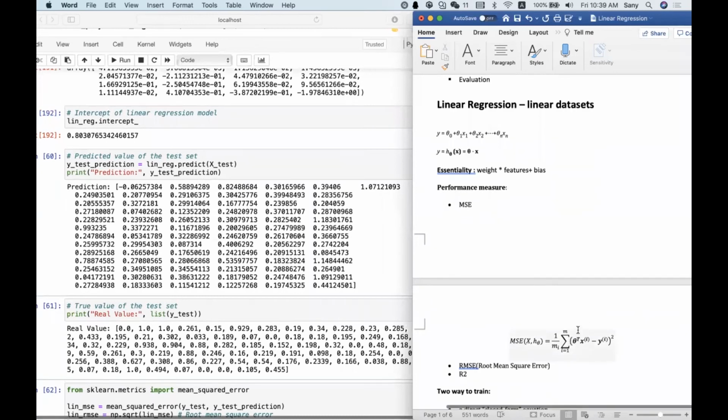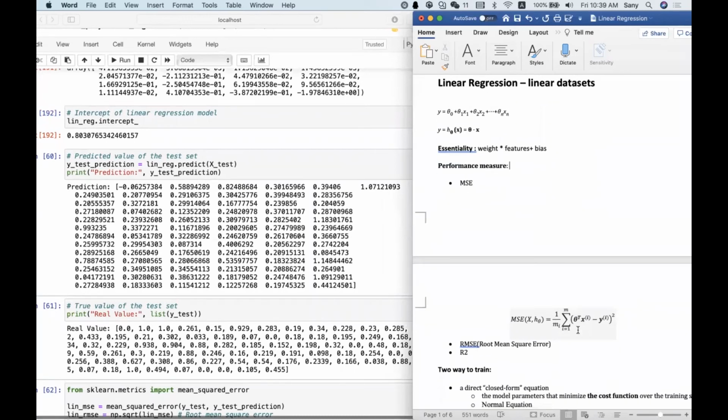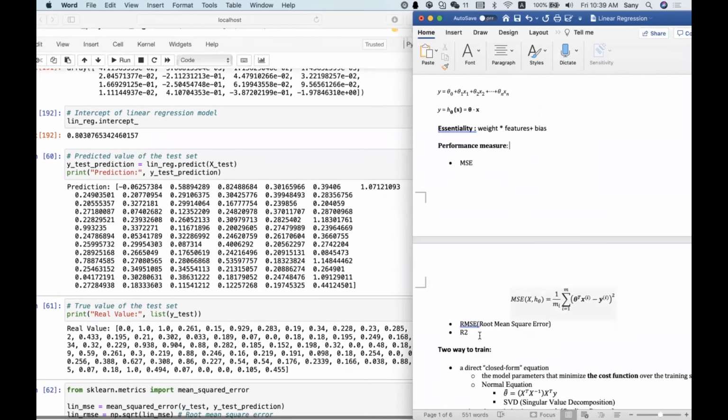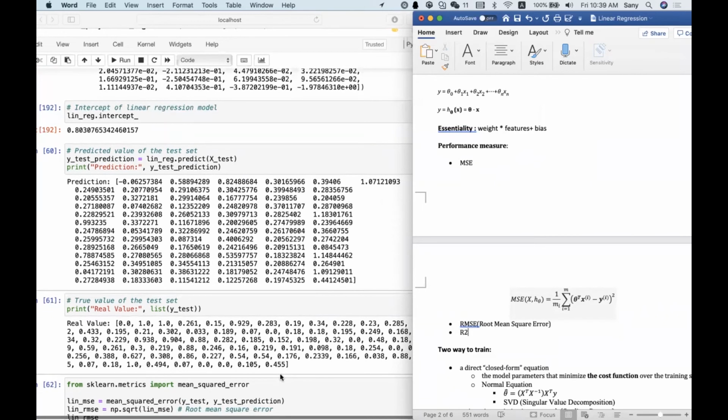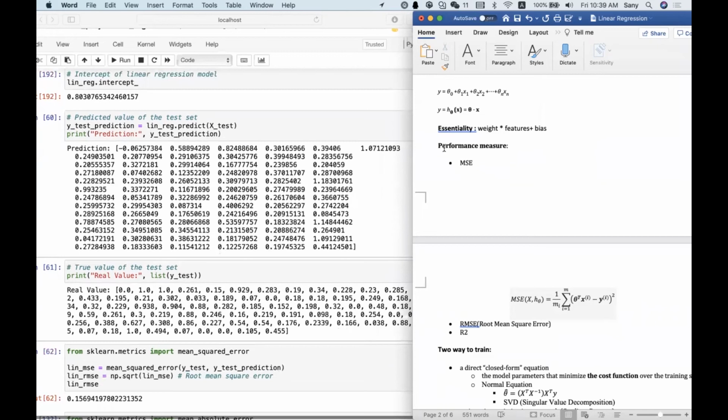It finds the difference between the prediction value and the real value. You can use other performance measures like the root mean square error, or R2, which are quite common, and you can use other ones if you have ideas about them, and that's okay.